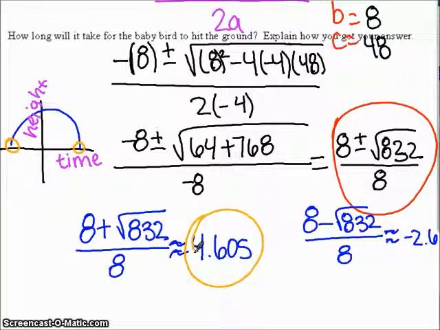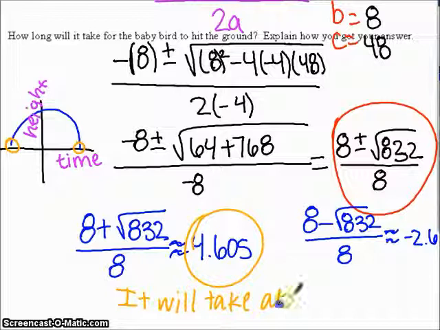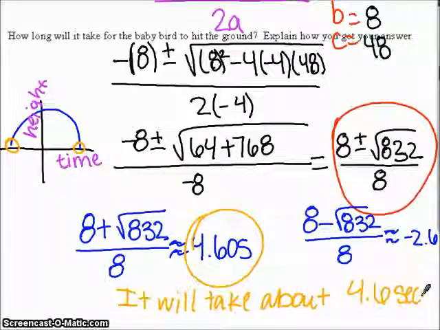So if we go back and look at the question, how long will it take for the baby bird to hit the ground? Well, the answer is going to be, it will take about 4.6 seconds for the baby bird to hit the ground.